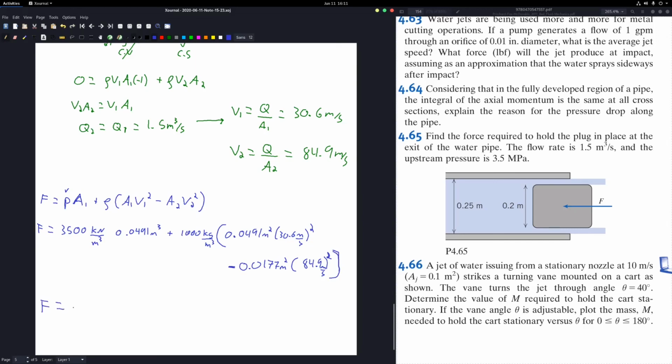And we obtained that our final resultant force is going to be 90.4 kilonewtons.